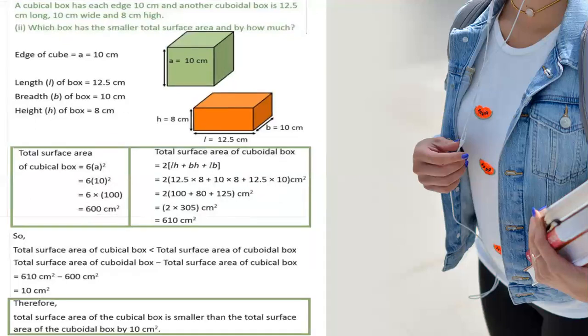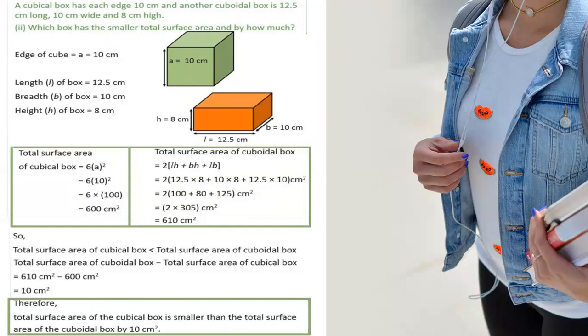Now, we need to find which box has the greater total surface area and by how much. So, the total surface area of a cube is given by 6a square. Substituting the value of a as 10, we get 600 centimeters square. And the total surface area of a cuboid is 2 of LH plus BH plus LB.